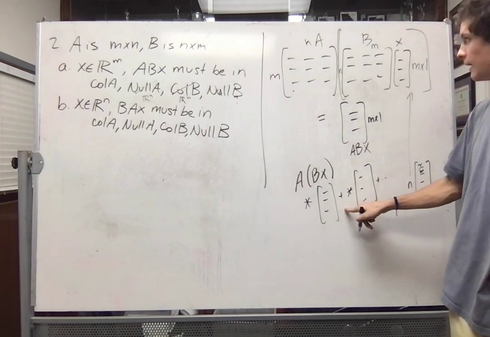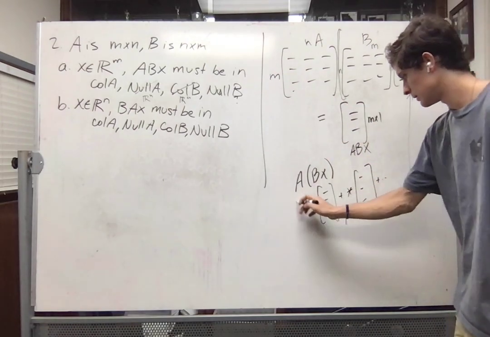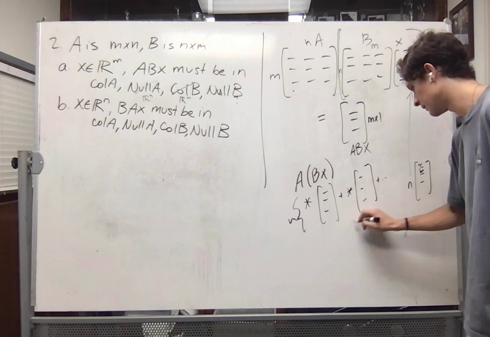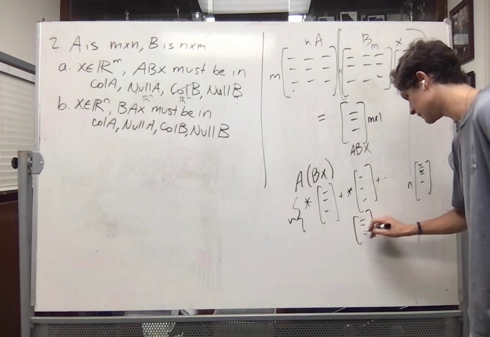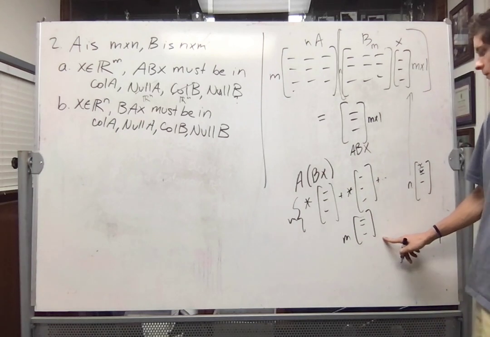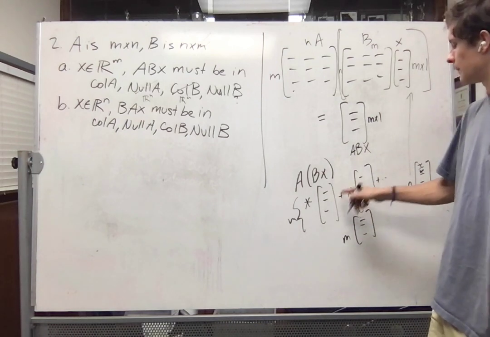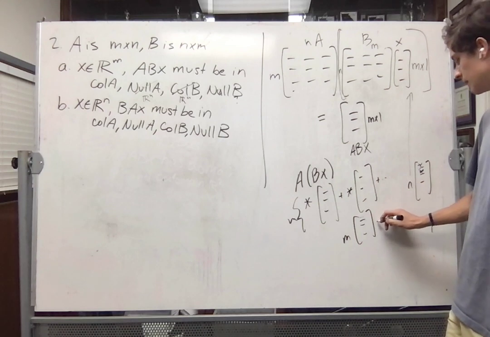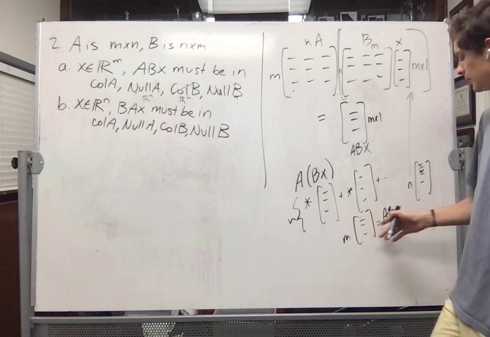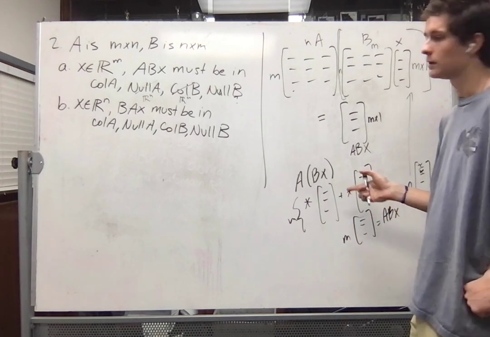These are all going to have m entries, so these have size m. So this is going to be some vector with m entries. But notice we just took a linear combination of the columns of A.